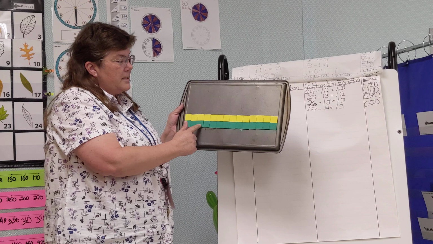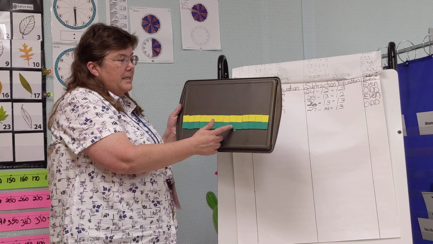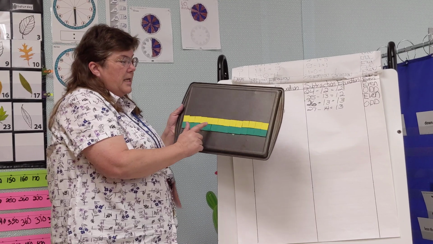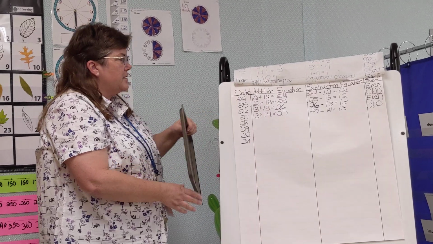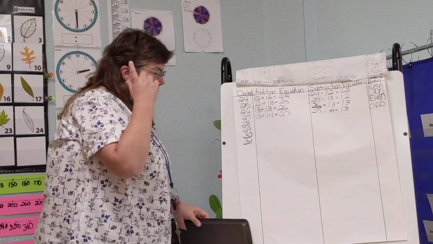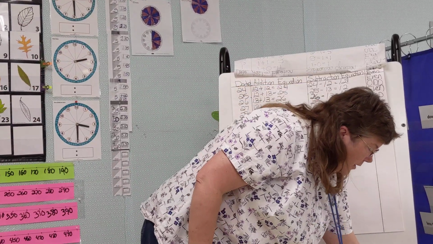2, 4, 6, 8, 10. 2, 4, 6, 8, 10. 2, 4, 6, 8. 10, 18, 28. Excuse me, 10, 28. I don't know where the 18 came from. Okay, so I get to record.